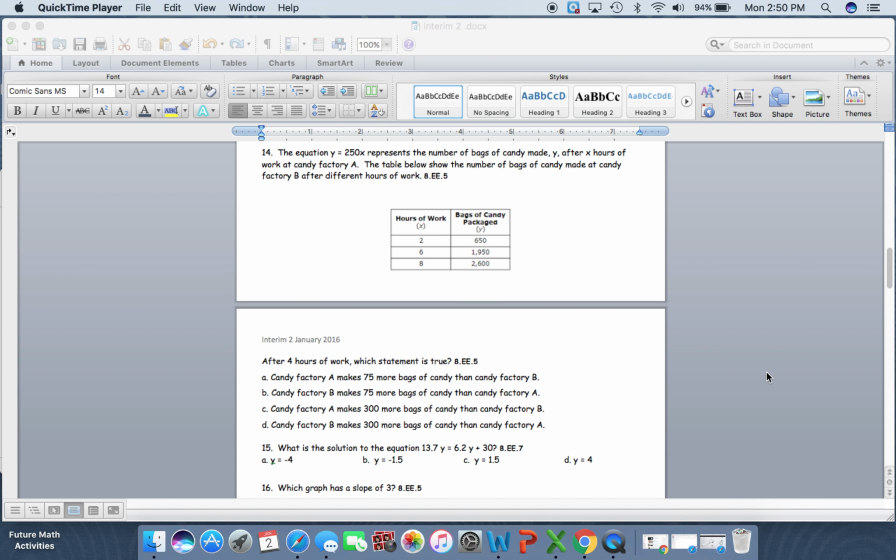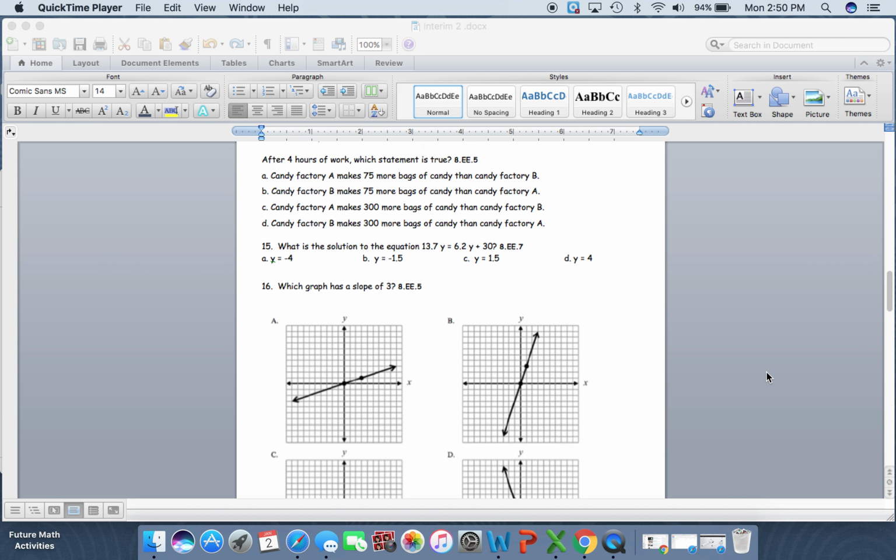A. Candy factory A makes 75 more bags of candy than candy factory B. B. Candy factory B makes 75 more bags of candy than candy factory A. C. Candy factory A makes 300 more bags of candy than candy factory B. D. Candy factory B makes 300 more bags of candy than candy factory A.